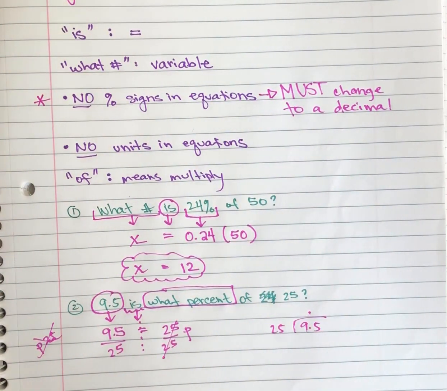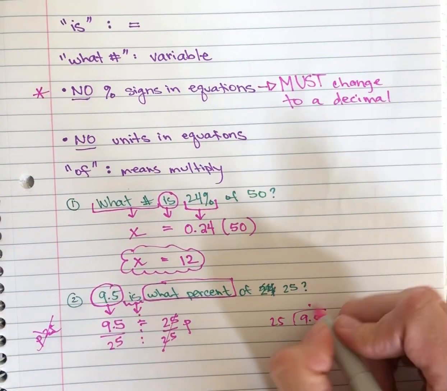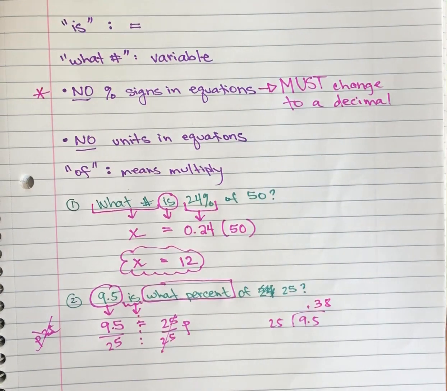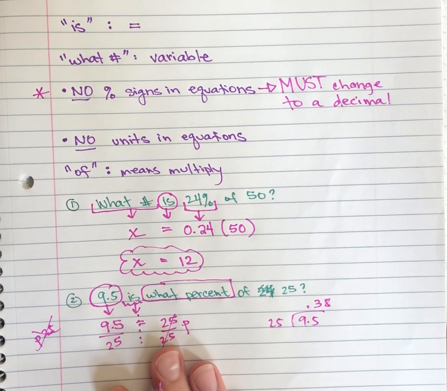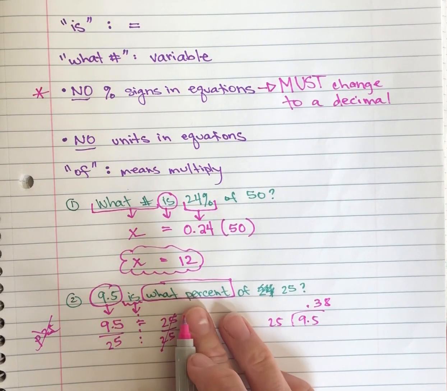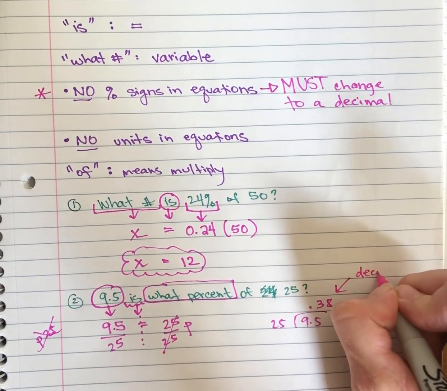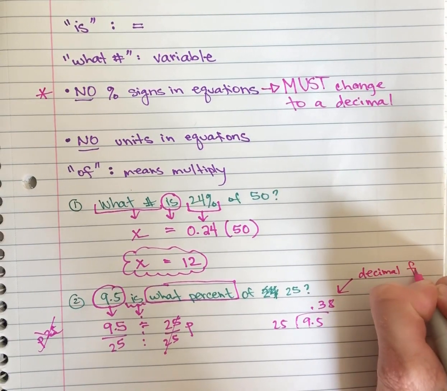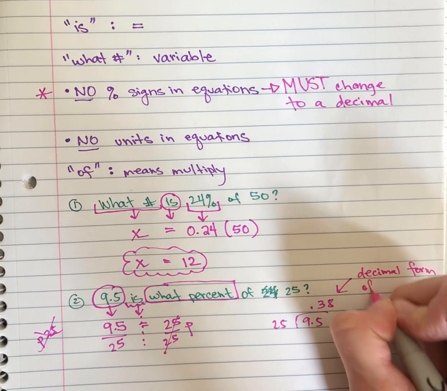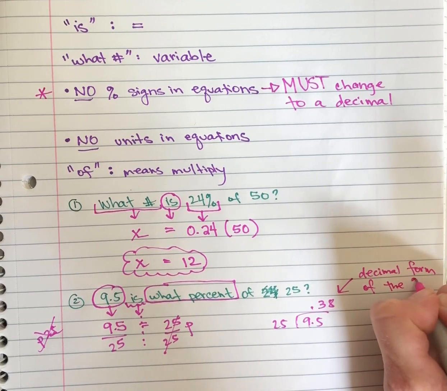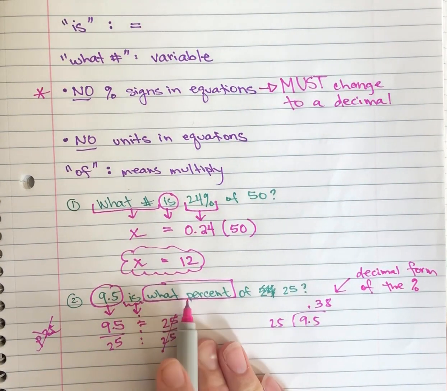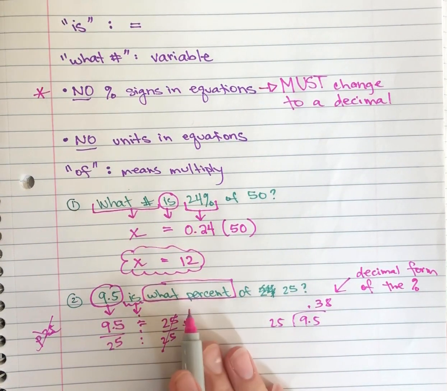Now, when you work out that division, you're gonna come up with 38/100ths, okay? But be careful. When we solve equations, it's going to give us the percent in a decimal form. So this is the decimal form of the percent, but it doesn't want the decimal, it wants the percent.